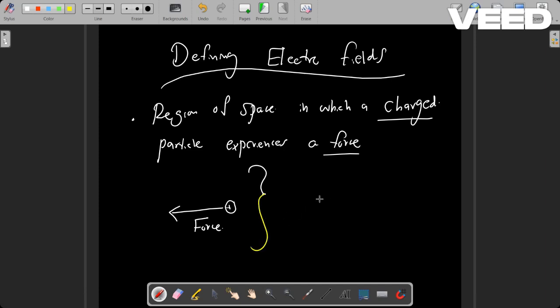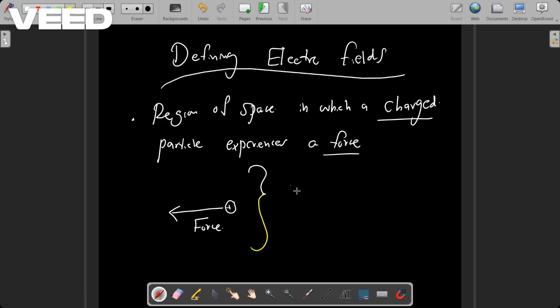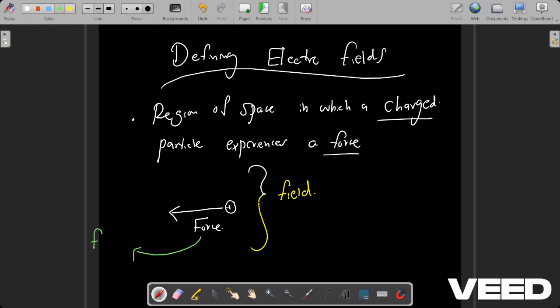In the background, there's an electric field. Because of that field, there's a force on a charged particle. Now, these types of forces are called force fields. A force on a charged particle by a field. A force on an object by a field. That field is most of the time invisible. Force field.